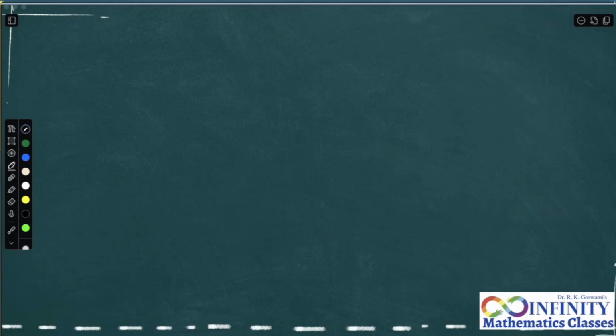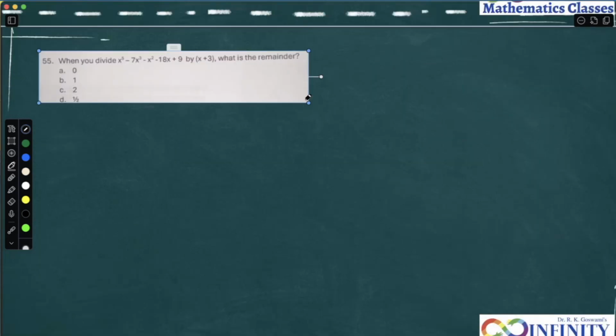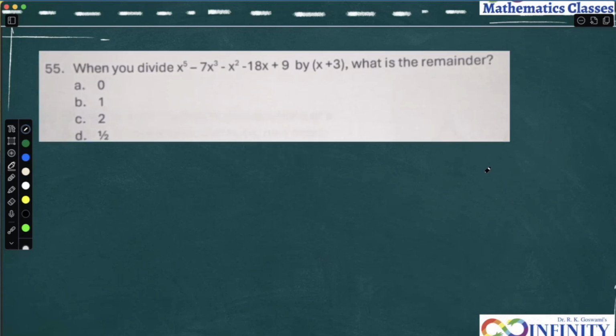The next is going to be number 55. It is the remainder theorem. Okay, just read the question, then after I'll tell you the basics for this question. When you divide a polynomial by some number, what is the remainder? Let me just write the polynomial as f(x).